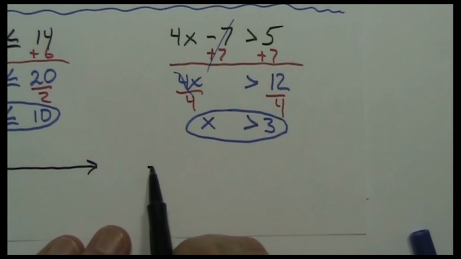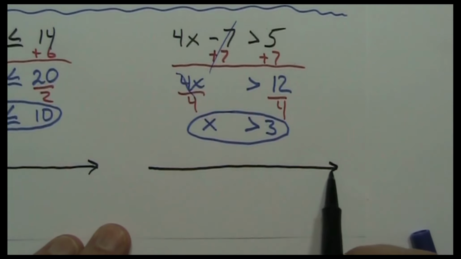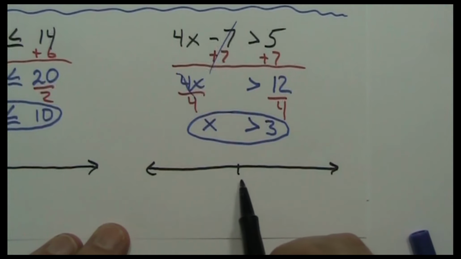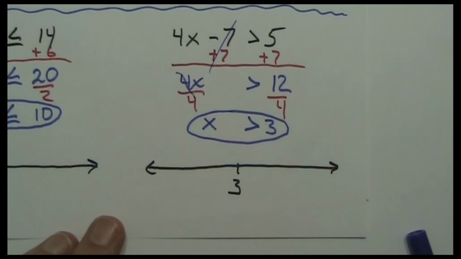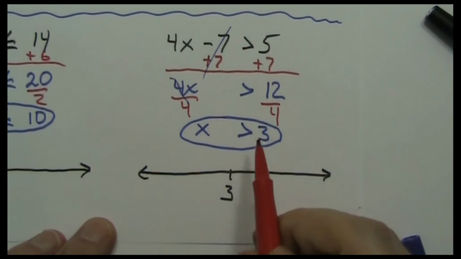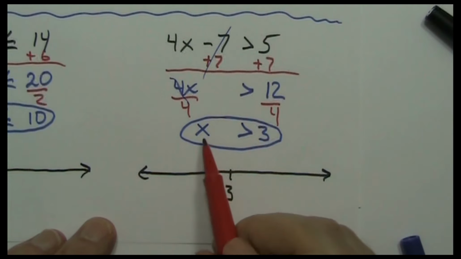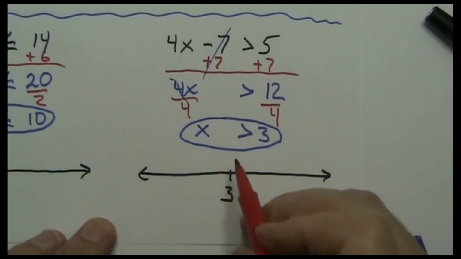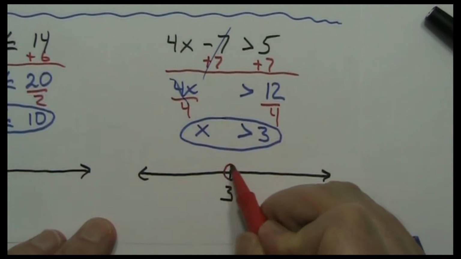So I'll just make a line. We'll use the number 3. And we're going to graph all the answers. Let's see. Could the number be 3? We said x is more than 3. No, it can't be 3. Cannot be 3.